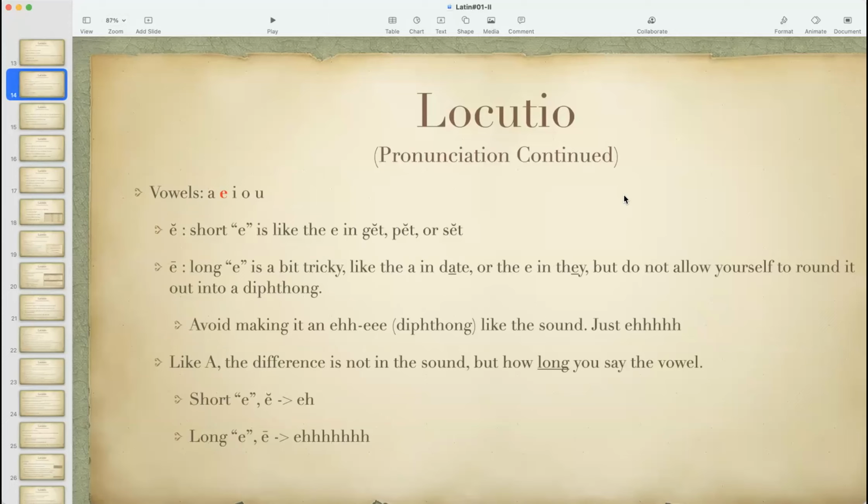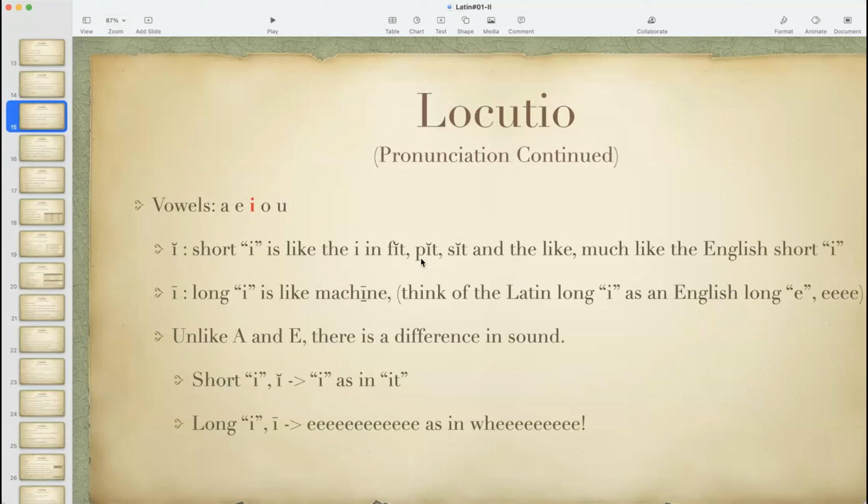The long E is, as I said, a bit tricky. You're right, it is actually kind of an extension of the short E. But it ends up coming like a long A in date, or the E in they. But they is actually a diphthong, so you've got to just hit the A in there. It's kind of hard to do that.